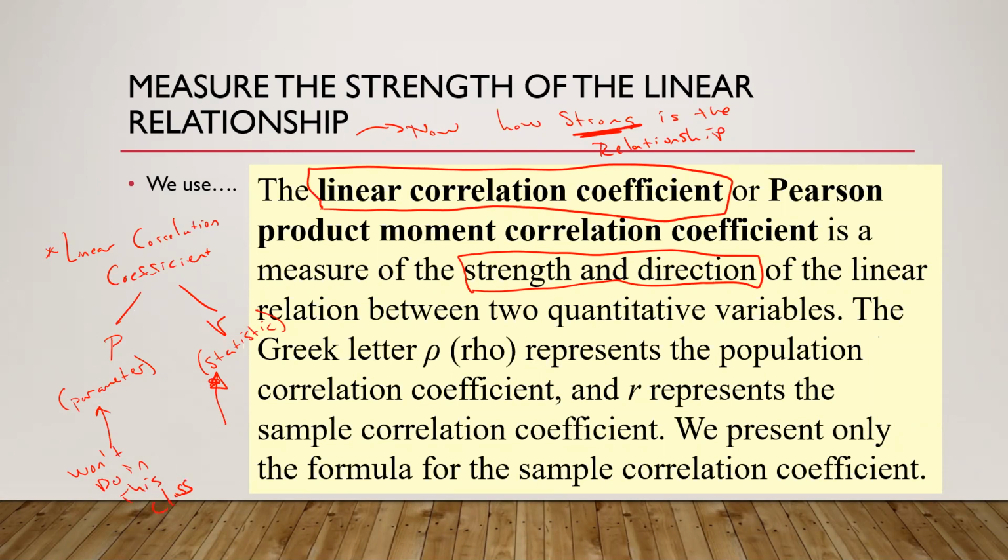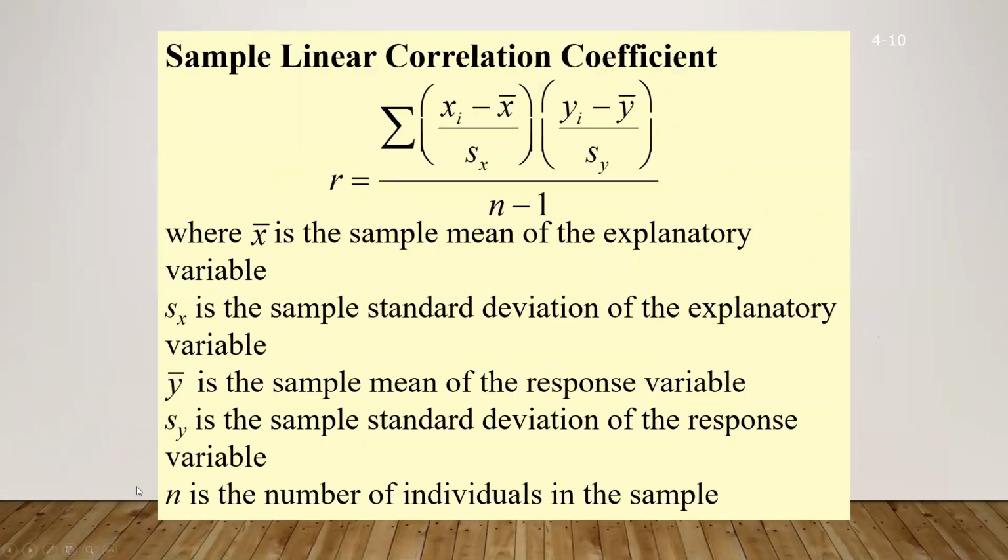Let me give you the formula for how you calculate the linear strength of a relationship. It's this formula right here. The sample linear correlation coefficient R is given by this crazy formula. What does this symbol, this thing that looks like an E, represent? Yep, it's the sum.